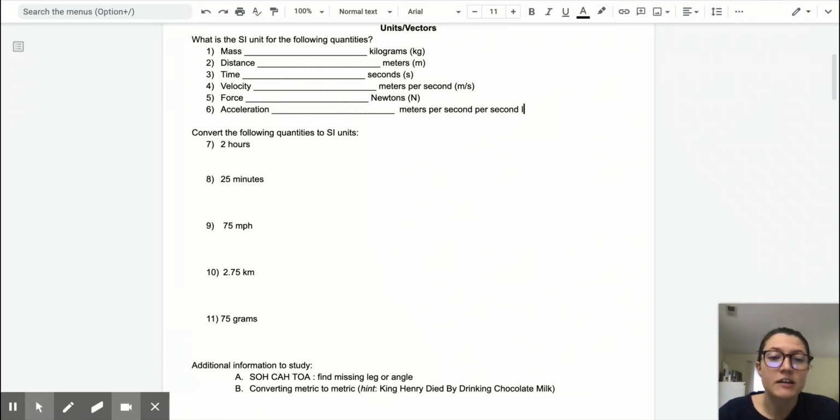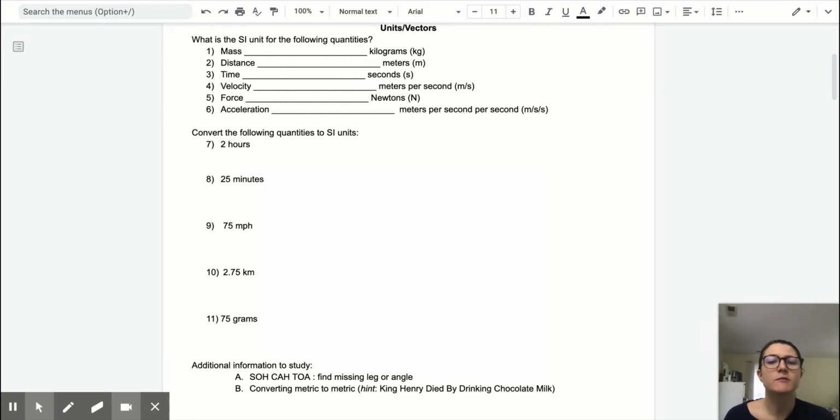It tells us how the speed changes per second. Within this unit, we also talked about unit conversions and SOHCAHTOA.